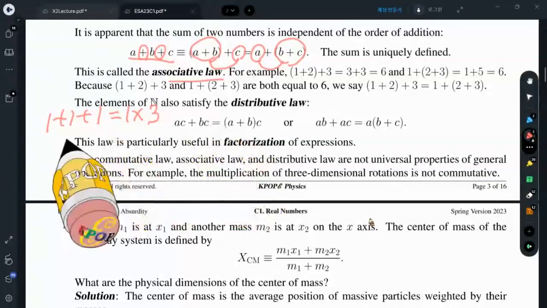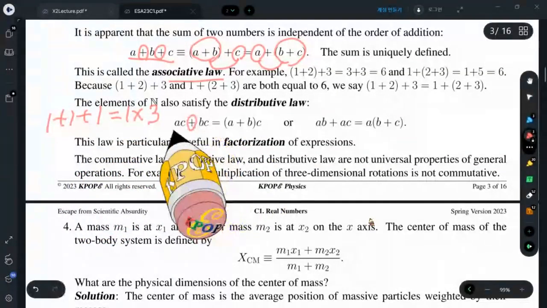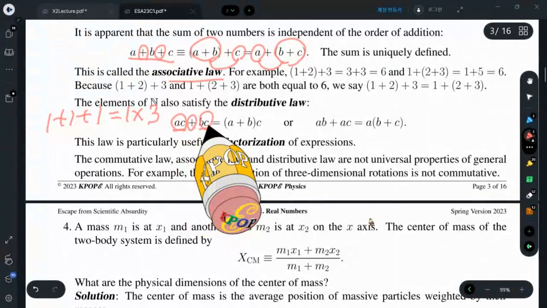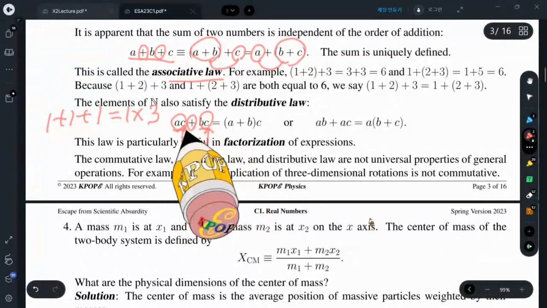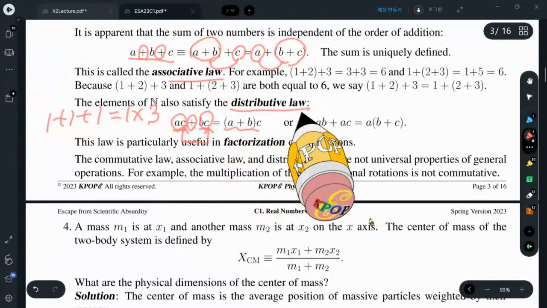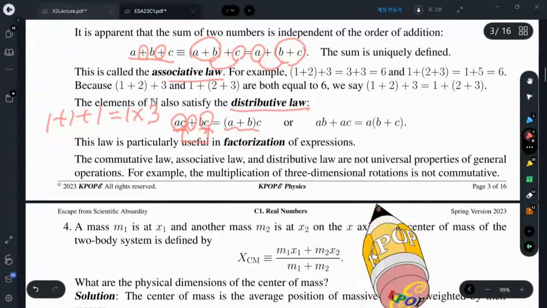What happens if I have the addition of two numbers consisting of a product? If we have a common factor, I can factorize this. So this distributive law is very important for simplifying a complicated expression into a factored form.